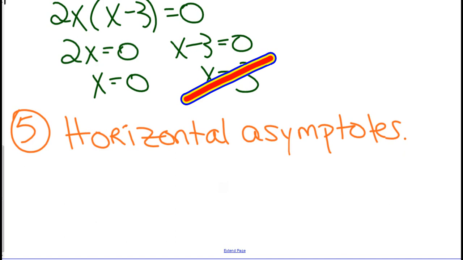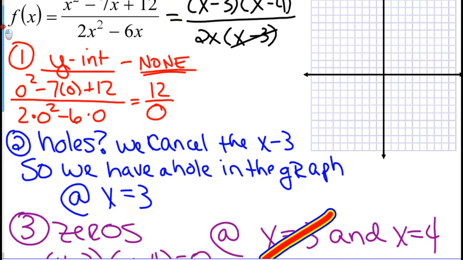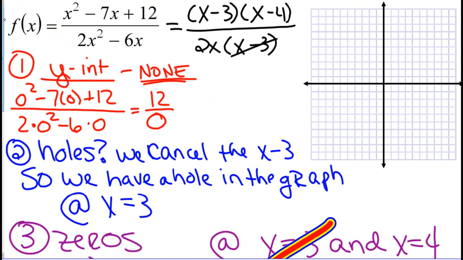All right, so horizontal asymptotes. We got to look at the degree of our numerator and the degree of our denominator. So scrolling back up, I told you there would be a lot of scrolling. Sorry about that. So the degree of our numerator is a 2. The degree of our denominator is a 2.